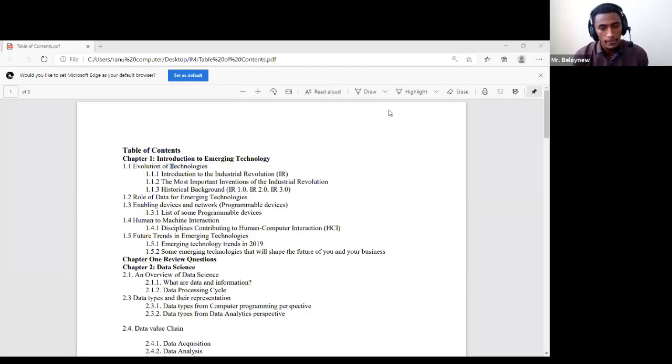For example, when we enter data into a computer, it is also an example of human-machine interaction. That means it needs input from what? From a human being. So it takes input from the human, then it processes or converts data into information by the CPU, or central processing unit.